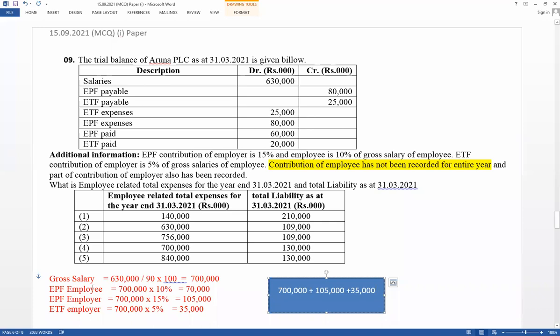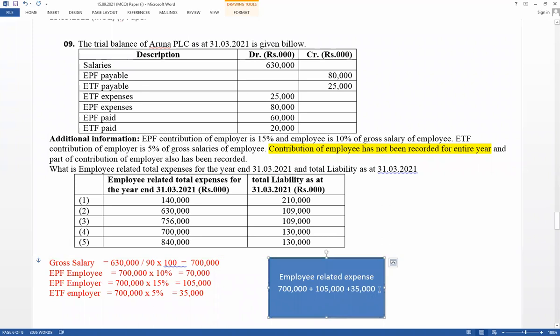Employee related expense equals 840,000. This value should be considered as employee related expense.